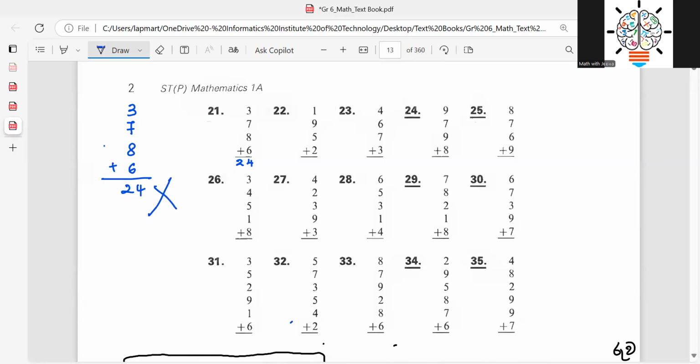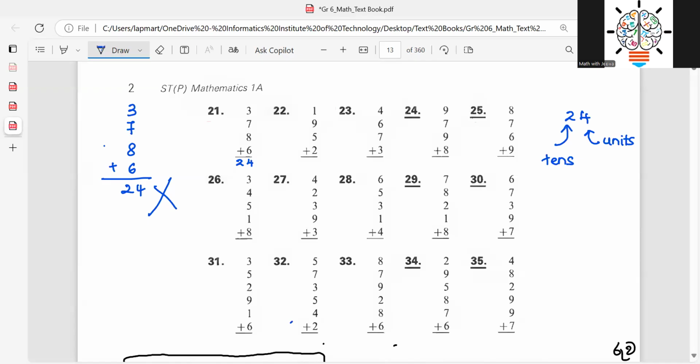When you take 24, you know these are units and these are tens. All the numbers they have given are in the unit place, therefore I write 4 just below these numbers. That is how you want to write it.